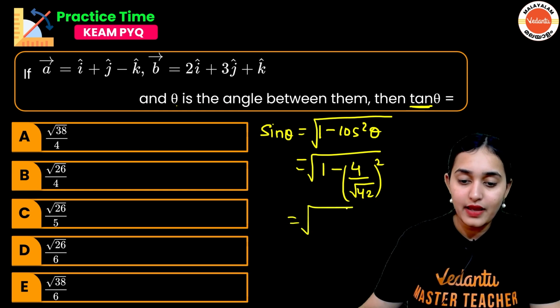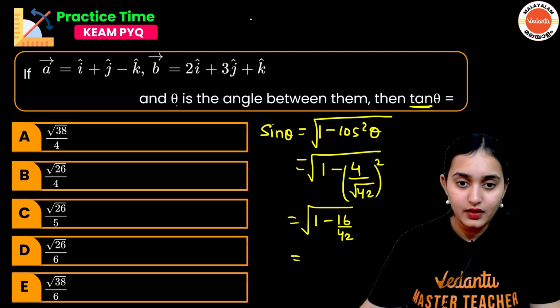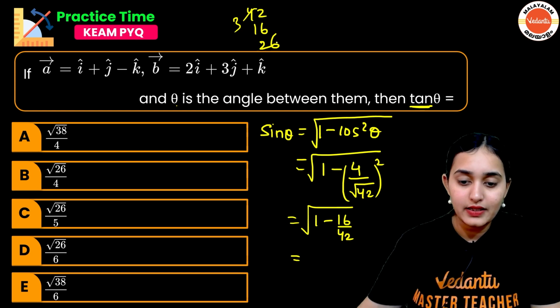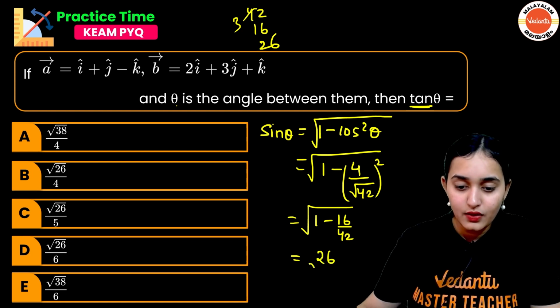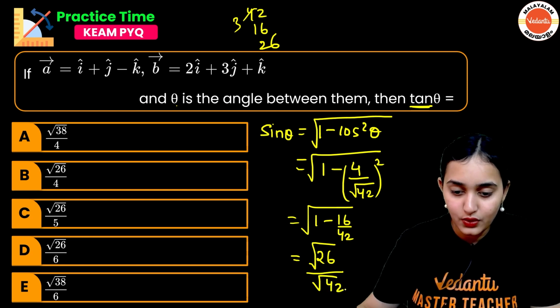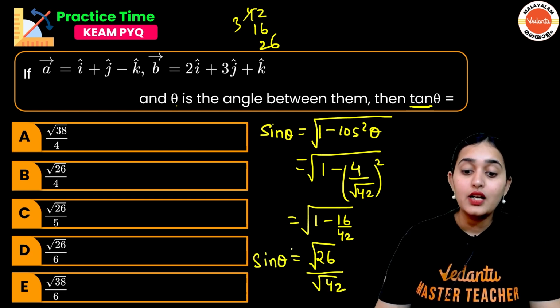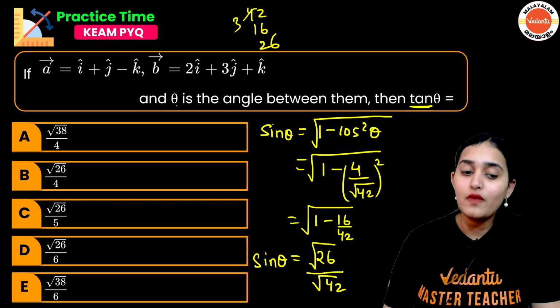So, this is square root of 1 minus 16 upon 42. 42 minus 16 is 26. So, it is root over 26 upon root over 42. Okay. So, this is sin theta value.